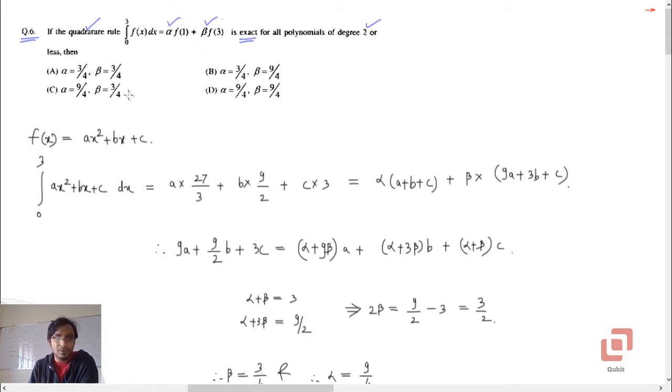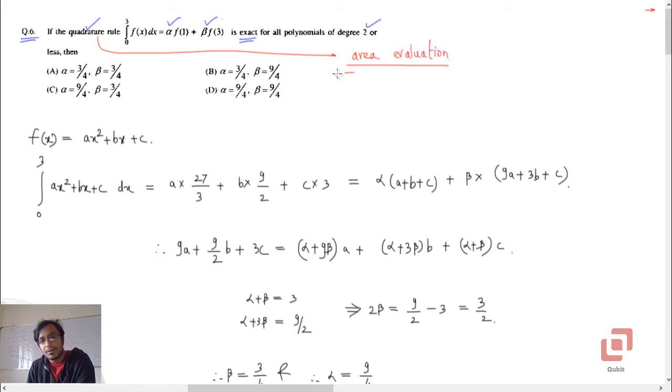First of all, quadrature is a word which means the process of finding area, and we very well know that the definite integral of a single variable function can be interpreted as area under a curve. Fine, all polynomials of degree less than or equal to 2.